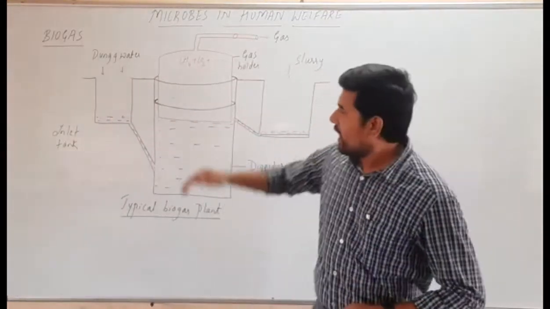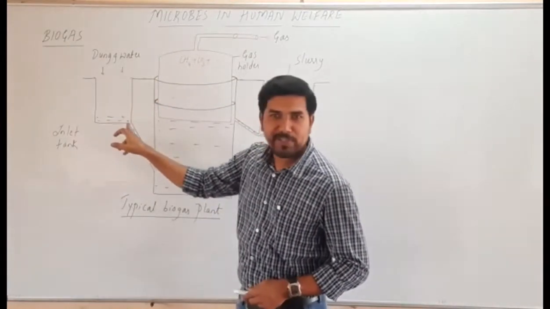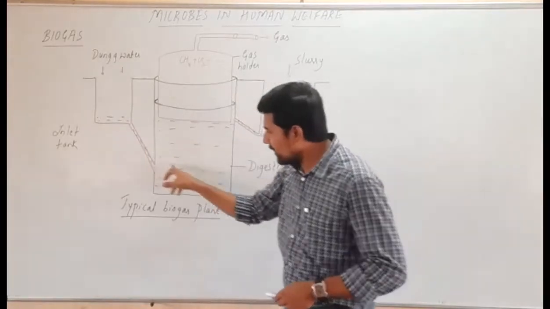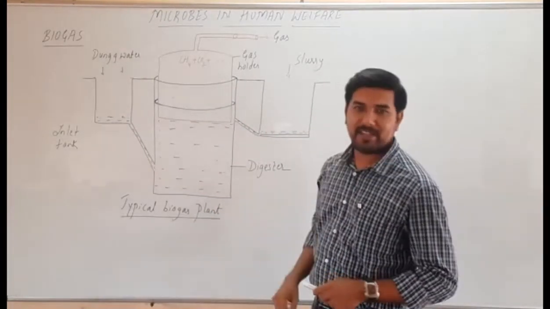Then, after adding dung and water, it forms into fluidic matter. That fluidic matter enters into the larger tank, which is called a digester.